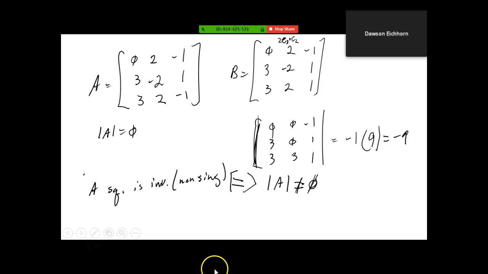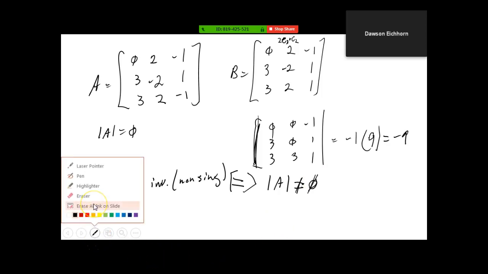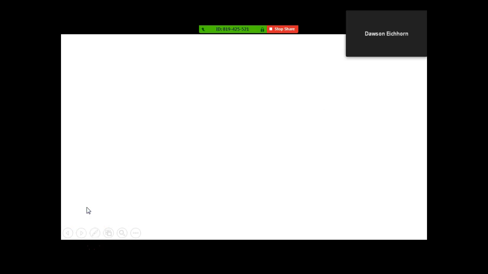Now, they have a little discovery over on the side. With a 3x3 matrix, it says use a software program or a graphing utility to find the A inverse. Do you want to do that by hand?